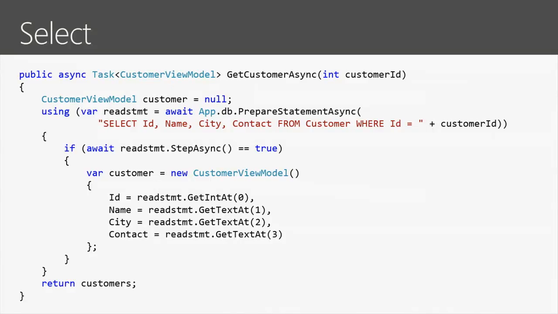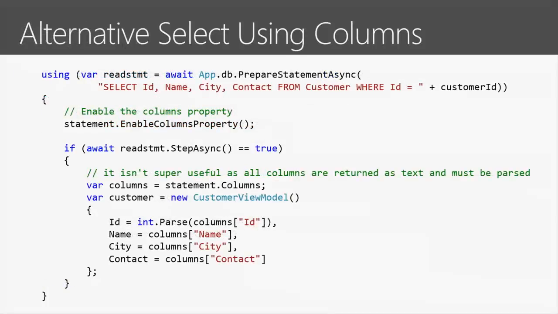The alternative select, we can enable this columns property. Peter Torr himself said it isn't super useful, as all columns are returned as text and must be parsed. But instead of doing that numbered columns thing, you can reference the data you've got back from the database by using its column name.